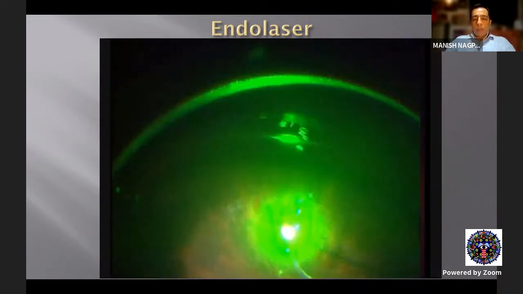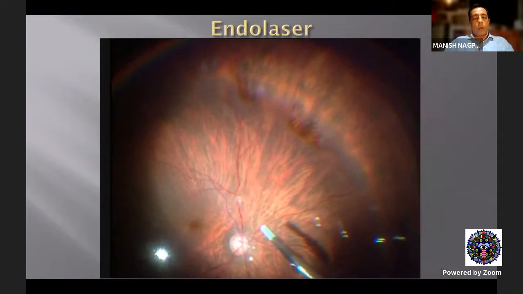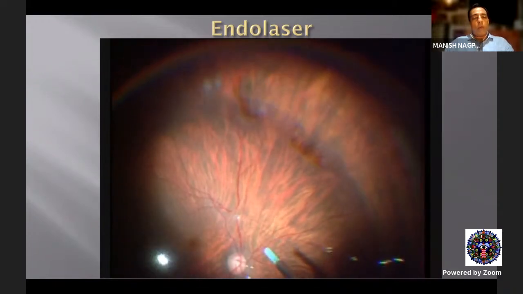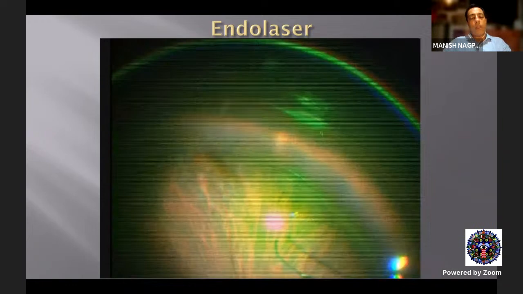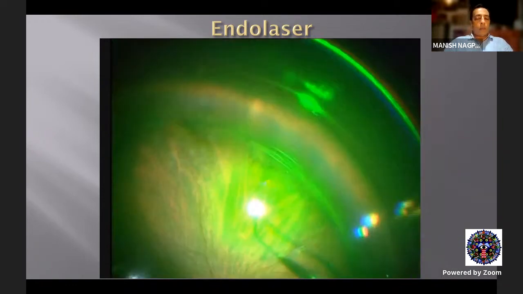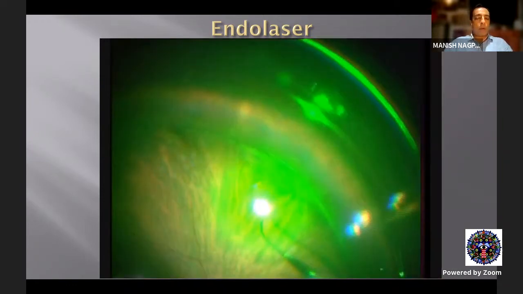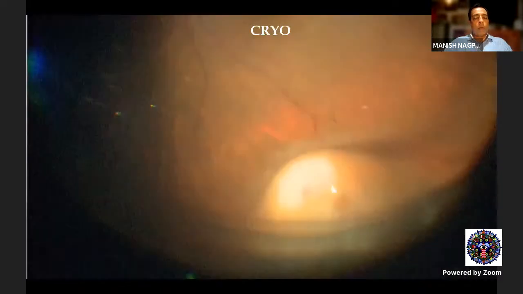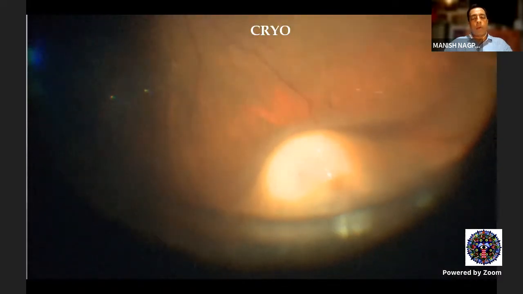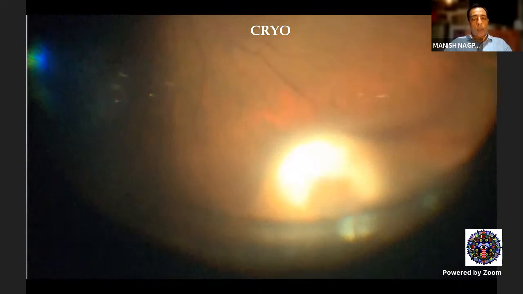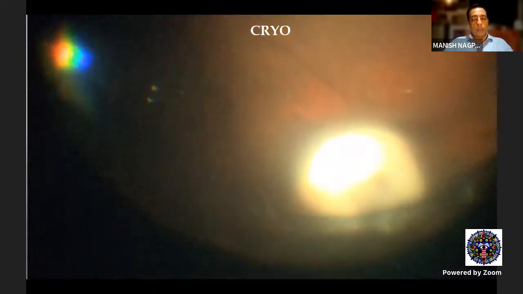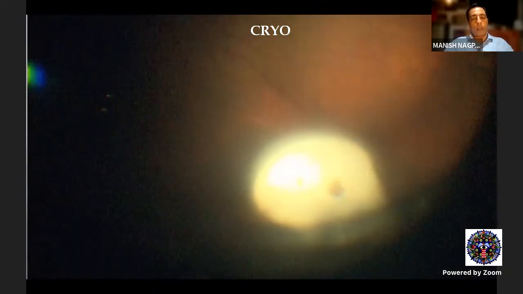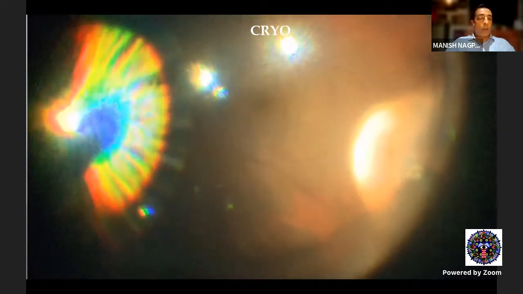And once you have the retina settled, the next step is doing some sort of retinopexy. So you will do an endo laser, cryo. Laser is the most preferred way that we treat them, but sometimes we use cryo also if it's too much in the periphery or you are not able to reach, especially at 10 o'clock, 11 o'clock. These areas, sometimes your instruments, your laser, you cannot reach as ergonomically in a phakic eye at times.